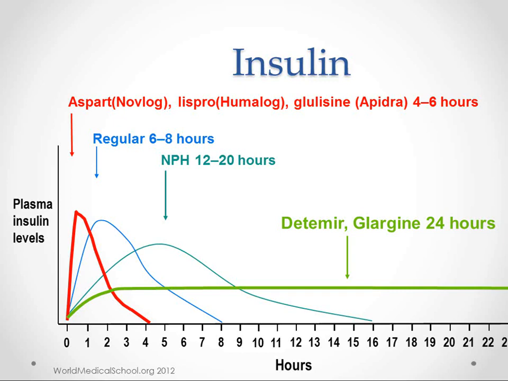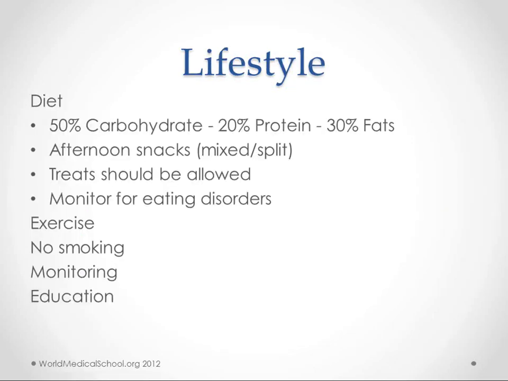But it is also more difficult because you have to calculate things, and so it can lead to confusion and missed doses and complications if patients aren't real good at managing this themselves. So diet, exercise, no smoking, constant monitoring and education are all the key principles in managing type 1 diabetes.